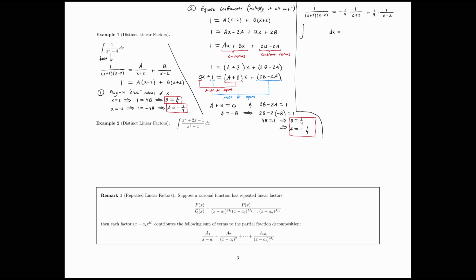we can factor those constants out. The nice thing here is these integrals are extremely straightforward: natural log absolute value of x plus 2 and natural log absolute value of x minus 2, plus c.